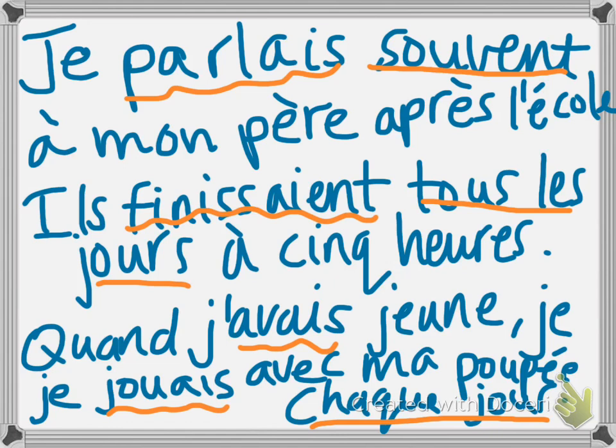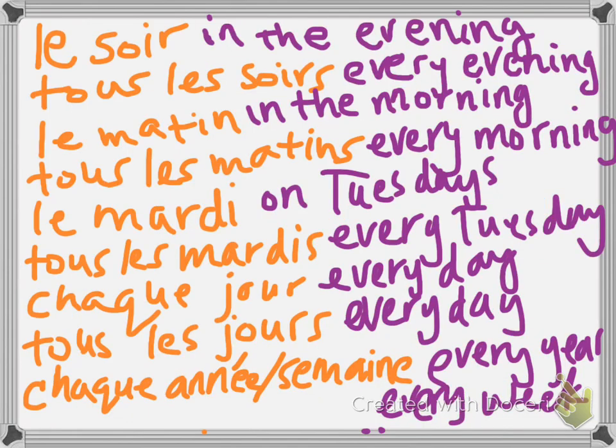So now you're going to get several vocabulary words, several clue words that will indicate when we use the imparfait because they indicate habitual actions or the circumstances of events. We have le soir, tous les soirs, le matin, tous les matins, le mardi, tous les mardis, chaque jour, tous les jours, chaque année et chaque semaine.